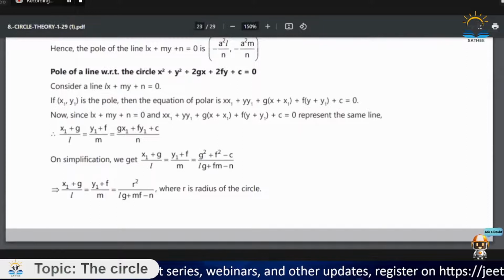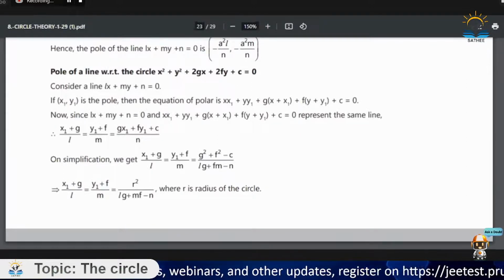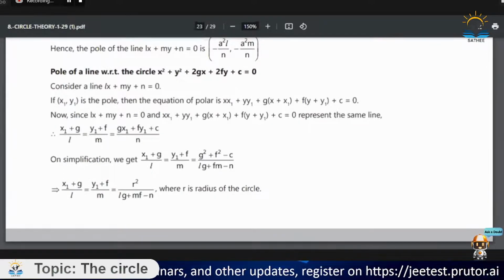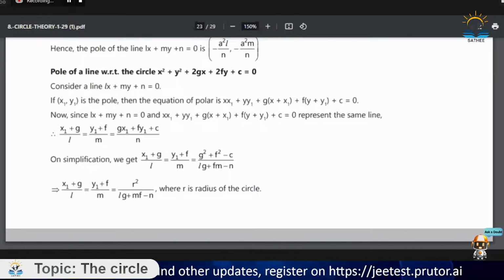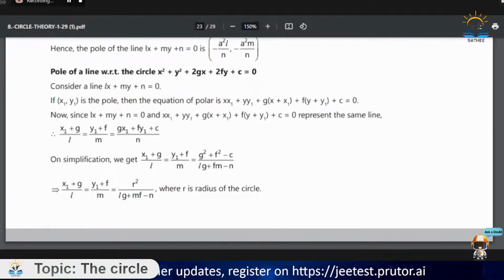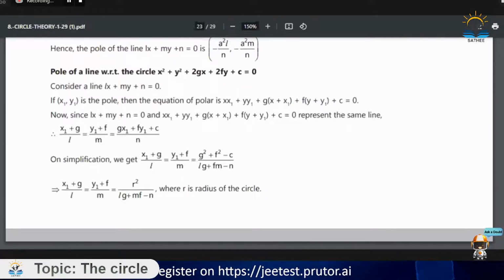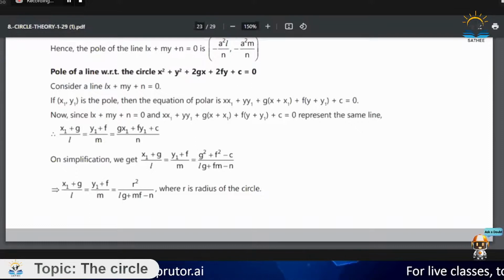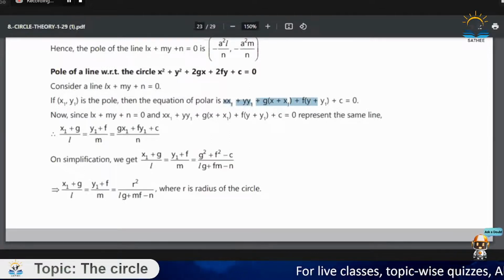Now let us see what is the pole of a line with respect to a circle. So suppose we have been given a circle, and we have been given a line, and we are being told that this line is the polar of this circle. So basically we will do nothing. We'll just assume that x1 comma y1 is the pole for the given circle, and we will write the equation T is equal to 0 as the polar.